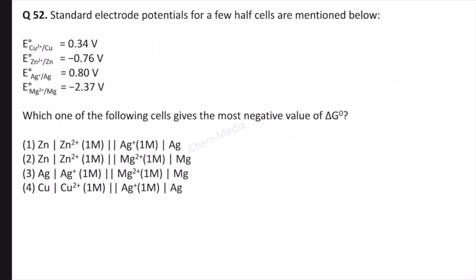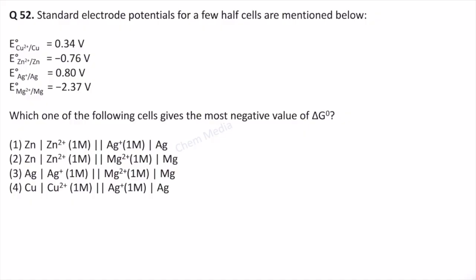So once again, these are all in the aqueous medium and these are all in the solid phase. Now E naught of the cell in the first case is equal to cathode minus anode, both reduction potentials. That's the way we are going to calculate. So this is all cathode, this is all anode.